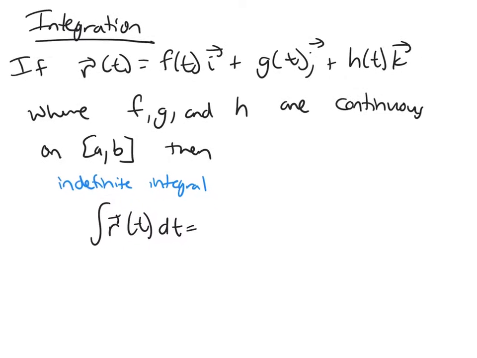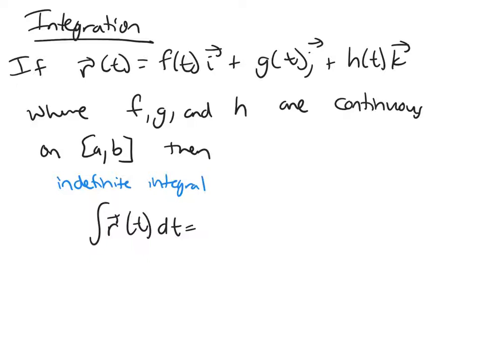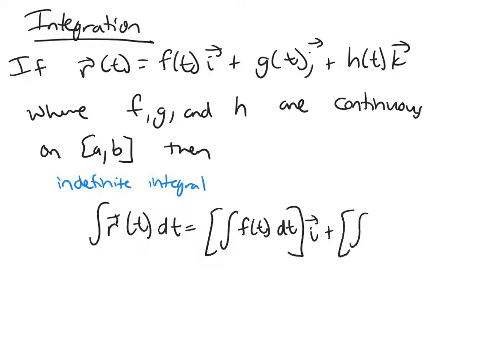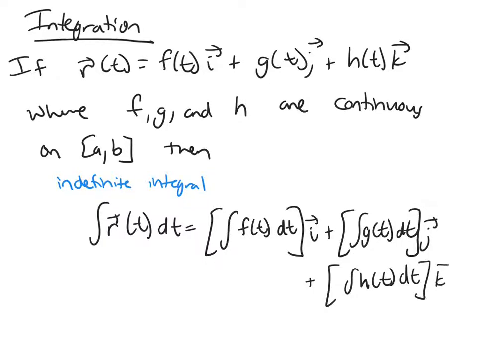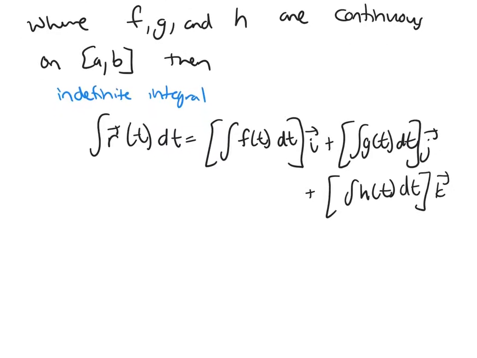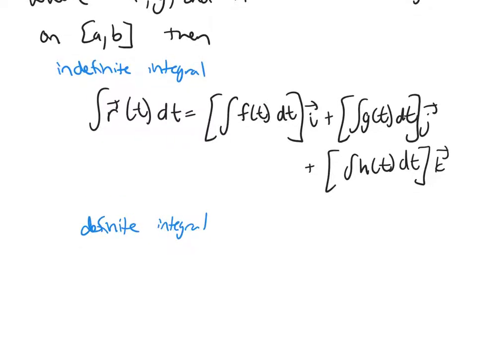It's going to correspond to, well, you just take the integral in each component: the integral of f of t i, plus the integral of g of t j, plus the integral of h of t k. And then we can define the definite integral in the following way, the integral from a to b.